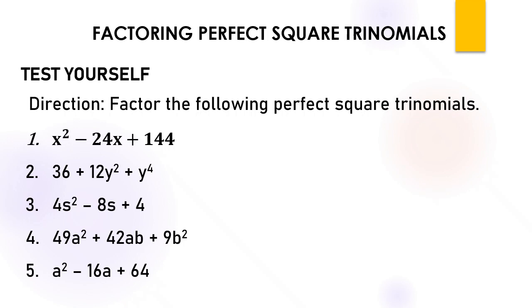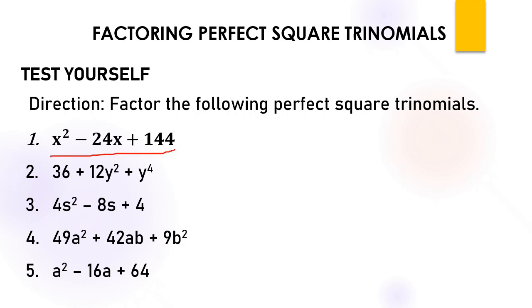So our number one is x squared minus 24x plus 144. First, let us identify if this given expression is a perfect square trinomial.